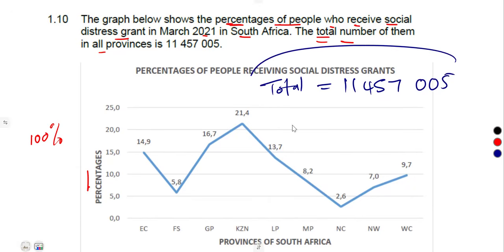This is the total number of people in all provinces. They did not present the number of people, they presented percentages, not the number. So take note there. They used percentage instead of the number.